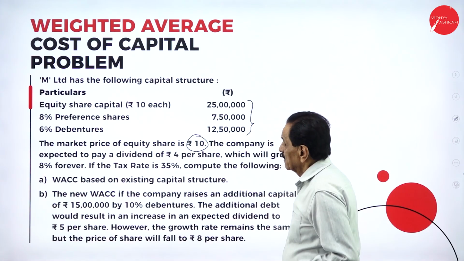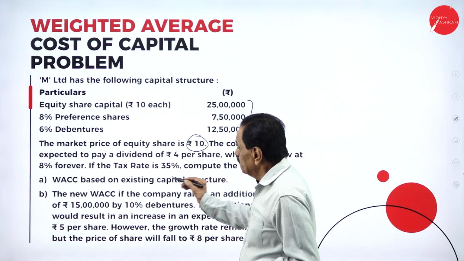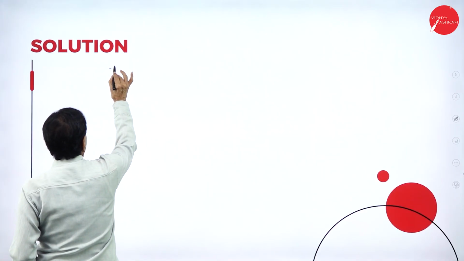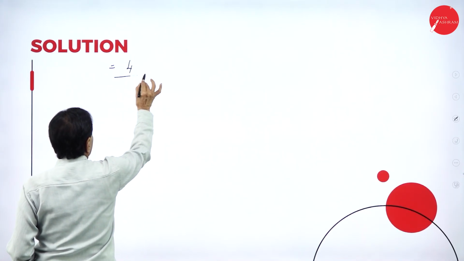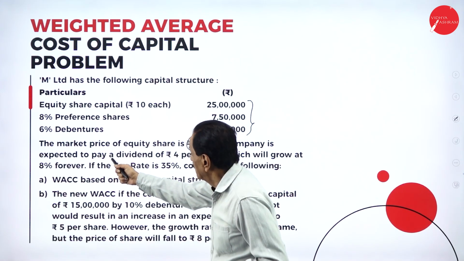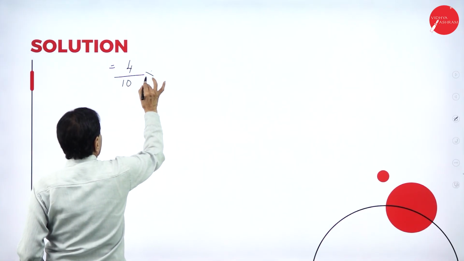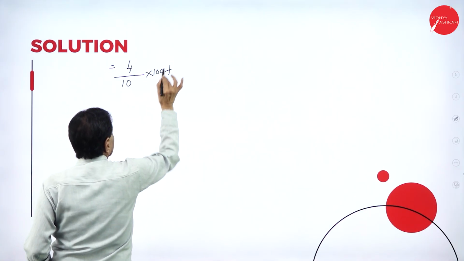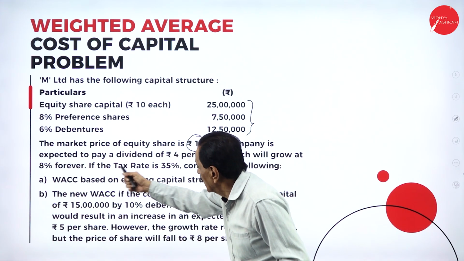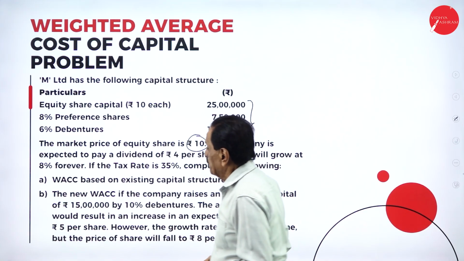We'll apply now. The market price of share is rupees 10. The company is expected to pay a dividend of rupees 4. Dividend is 4 divided by the market price, rupees 10, into 100 plus the growth rate, 8%.